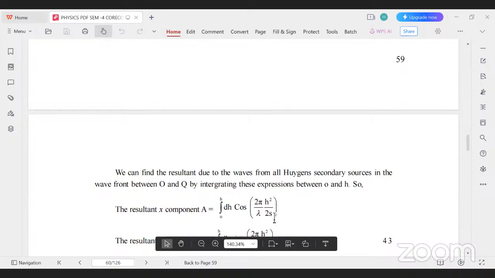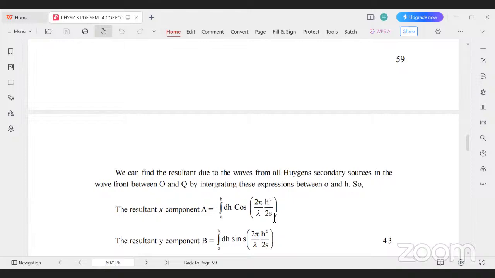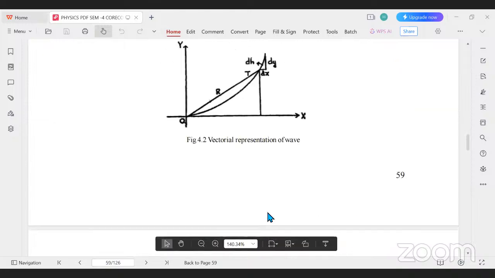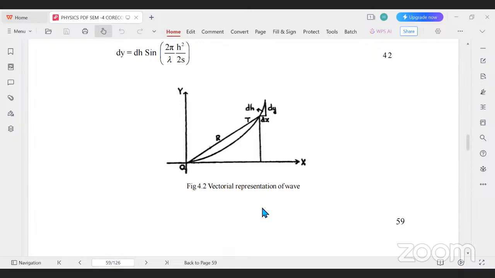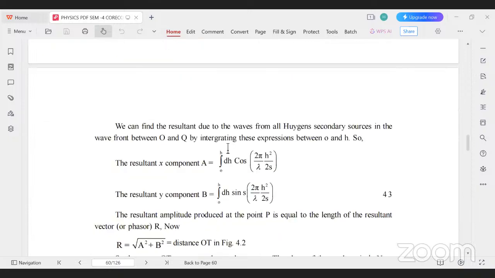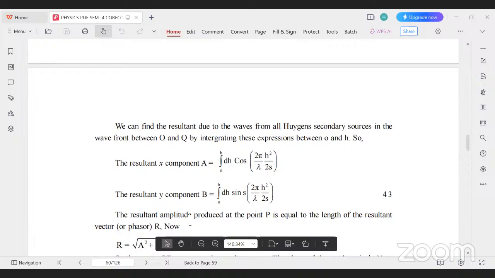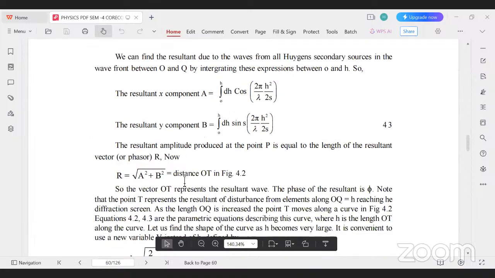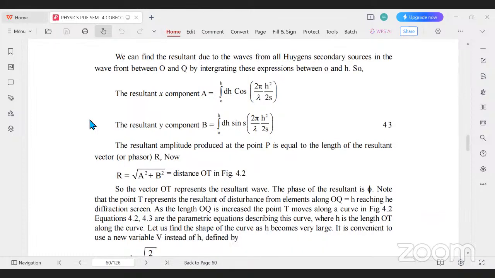Here we use the Huygens secondary sources in the wavefront between O and Q. So the distance from O to Q is r. The resultant amplitude produced at the point P is equal to the length of the resultant vector, the phasor, that is r equals root of A squared plus B squared.